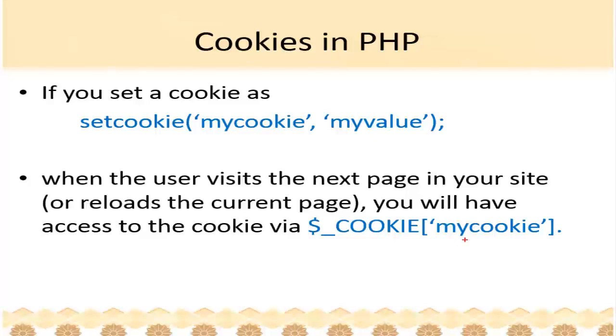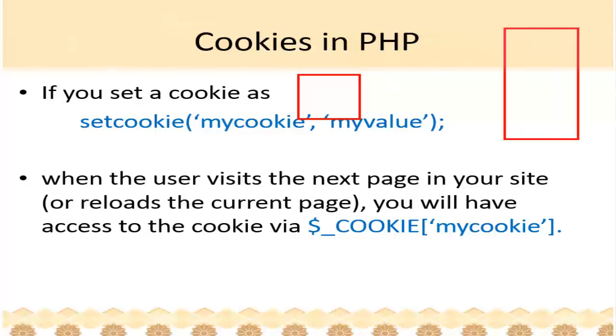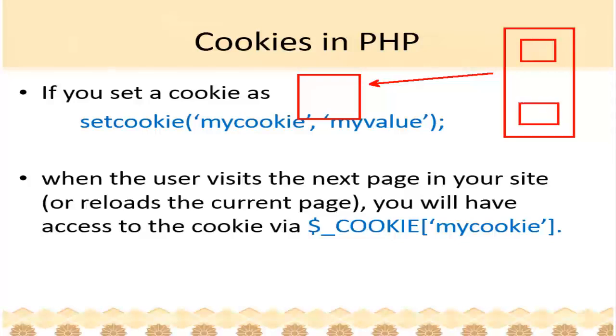What do I mean by that? Let's assume that this is the client and this is your server. You set a cookie here by calling set cookie on the page. If you want to know on some other page what was the value that was stored in this client by this particular page, when they are coming back to this page, just use the global array followed by the name of the cookie that you have specified.